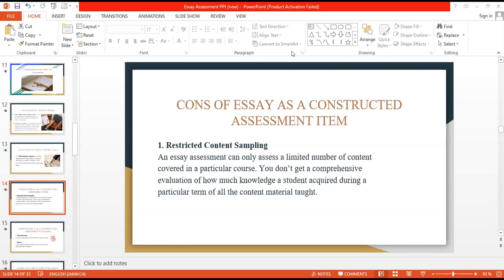All right, so I'm not sure exactly, but I know I say restricted content sampling, and I read it. What I got from it was not the fact that it wasn't speaking about essays being unable to adequately test. I think what it's saying is that it is limited because it's not feasible for you to give 5-6 essays to cover every topic you would have covered within a particular term, or let's say a year.